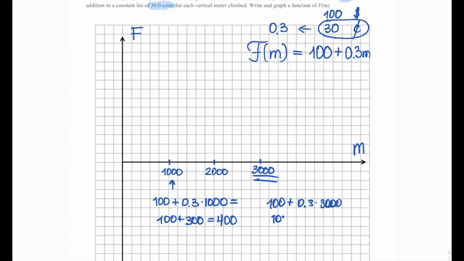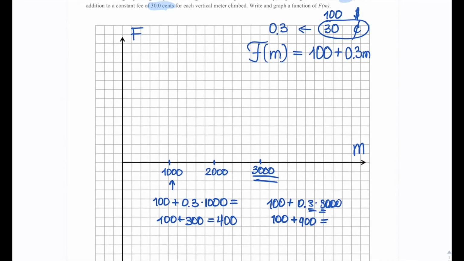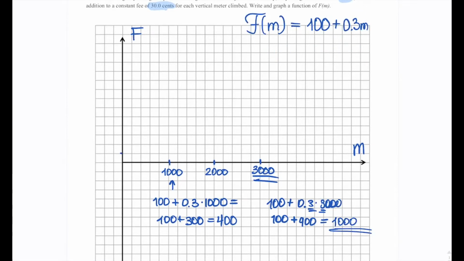This will be 100 plus 900, since 3 times 3 is 9. So that's going to be $1,000. This is 100. Then this is 500. 5 boxes higher is going to be $1,000.